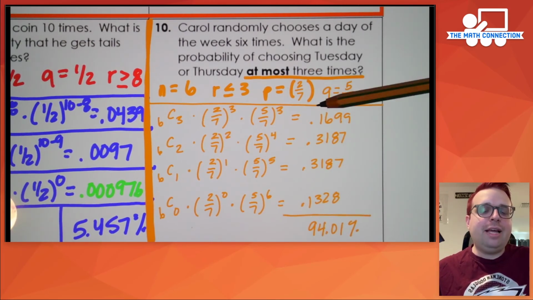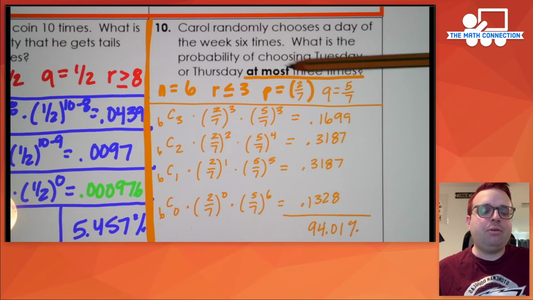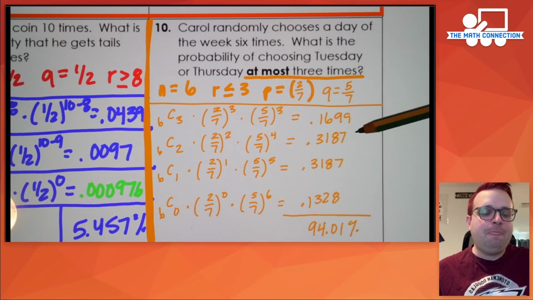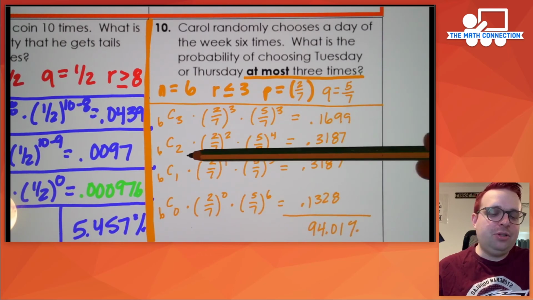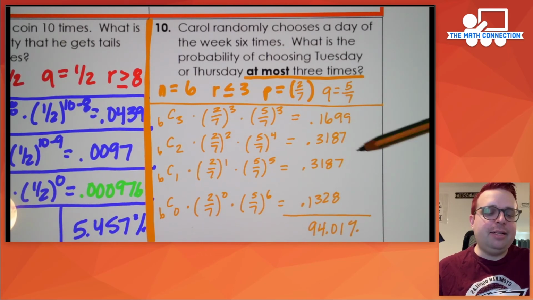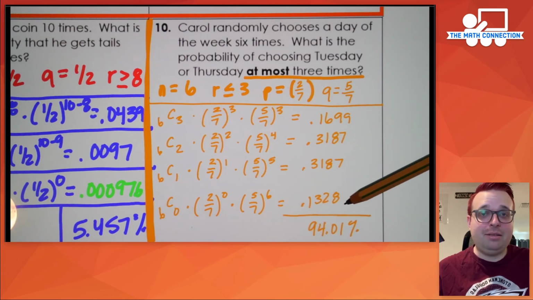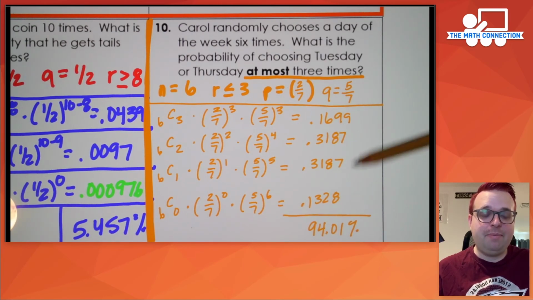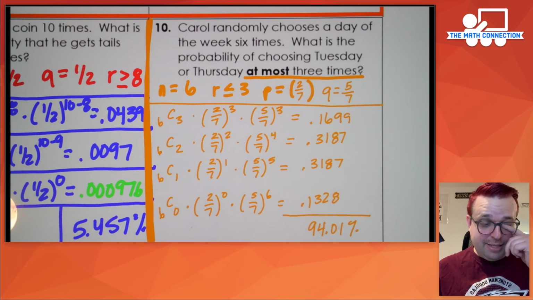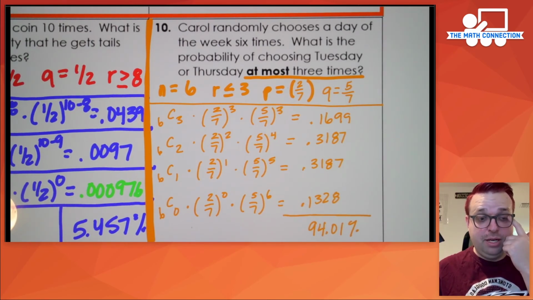So we're saying that if 3 of those times she chooses a Tuesday or Thursday, it's this much. And then 2 out of those 6 times, it's this much. 1 out of those 6 times, it's this much. And 0 times, it's this much. Meaning in this last example, she never picked Tuesday or Thursday, right? This probability makes sense to me.